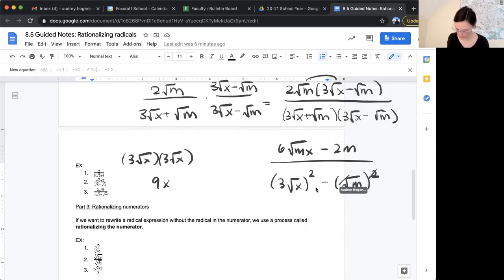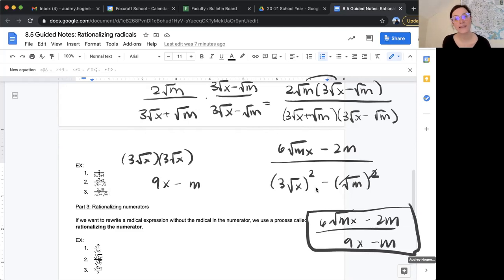Again, square root of something squared just gives me m. So I'm going to get 9x minus m in my denominator. So my numerator is 6 square root of mx minus 2m all over 9x minus m. So not a very pretty answer per se, but again, there's no radical in my denominator, which is what I wanted.